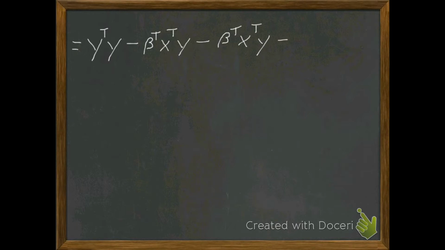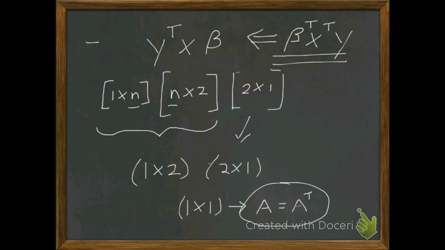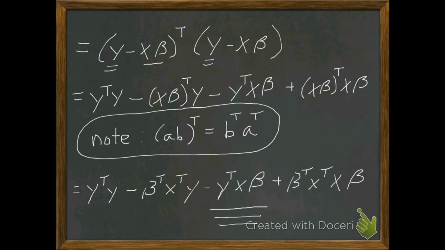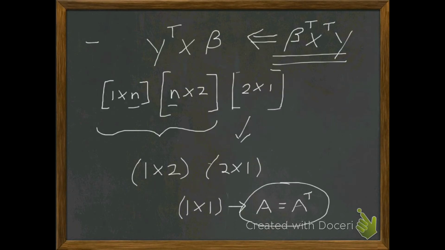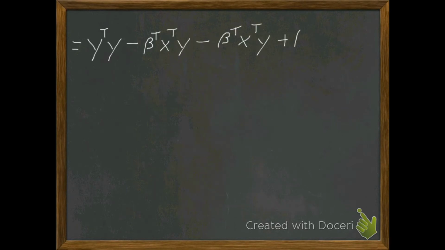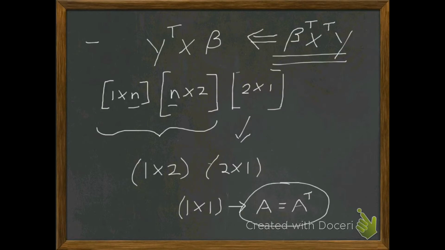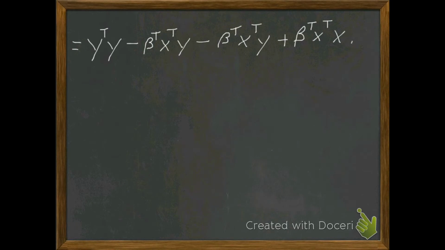And then in the end, we're going to have plus, and just to remind you, this is nothing more than this term right here. So beta transpose x transpose. X transpose is the direction, xb. Guys, in matrices, we don't have the luxury of 2 times 4 being 4 times 2.